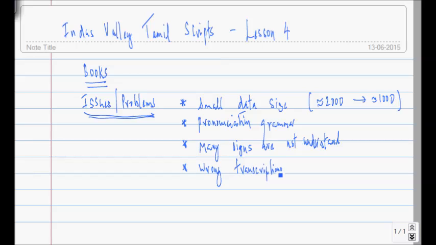Sometimes they have been wrongly written down or transcribed, so that's another problem. I'll point out some examples where it's wrongly written down in the list given. Okay, of course I don't have the photograph for all the 2,000 seals or all the 1,000 seals, so because of wrong transcription I could have gone wrong in guessing the answer for any of the signs.